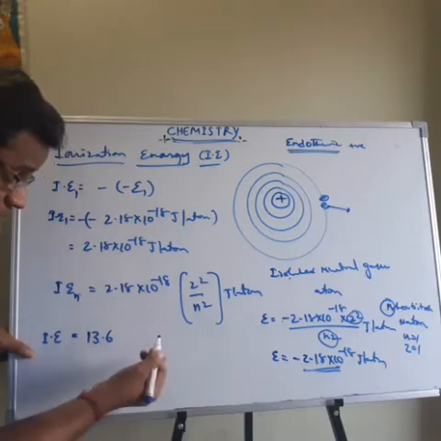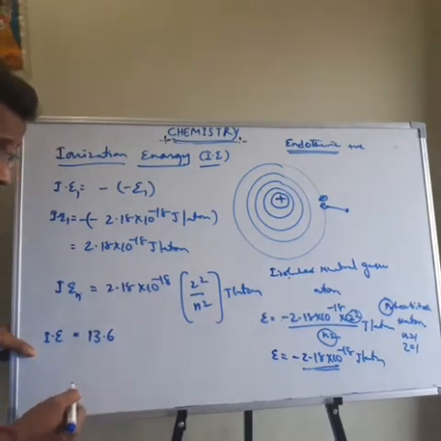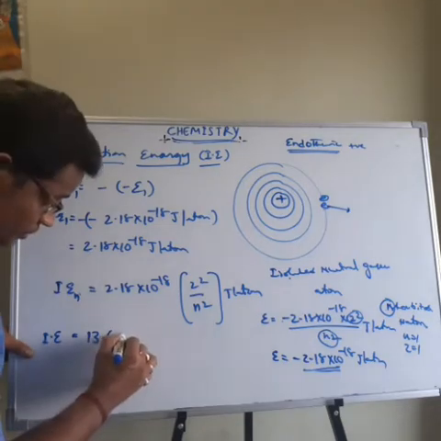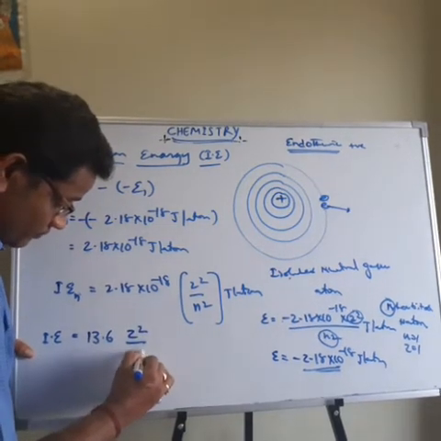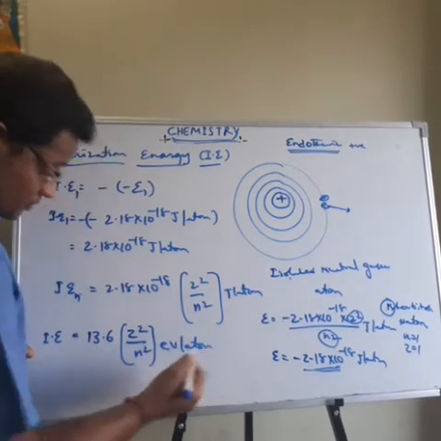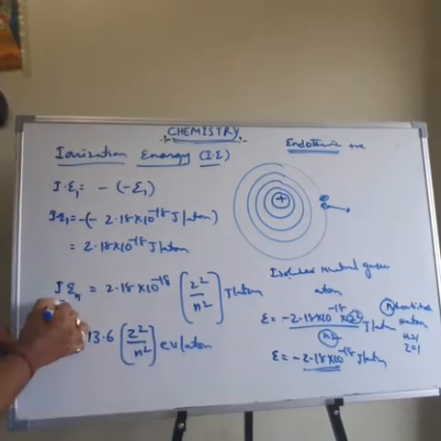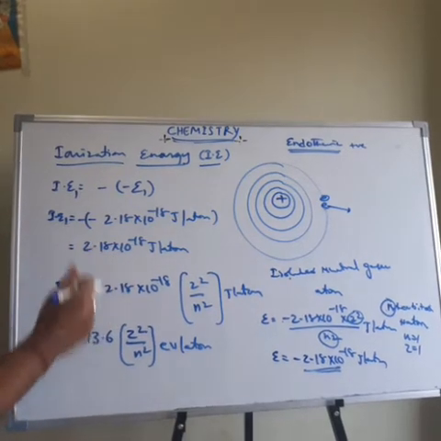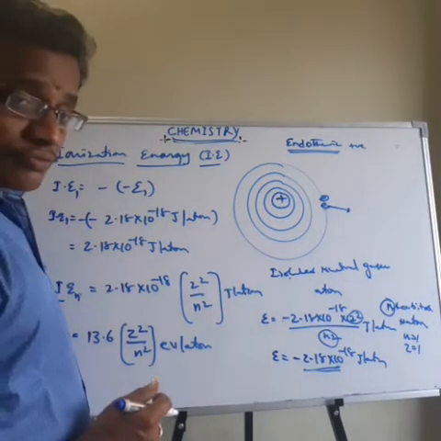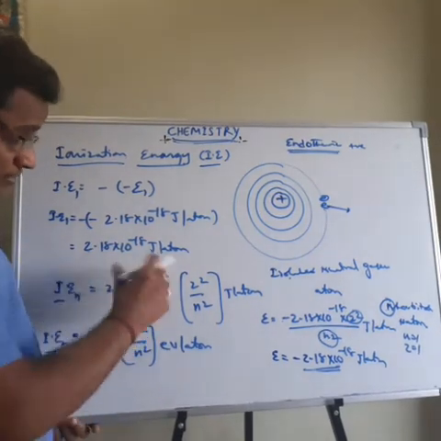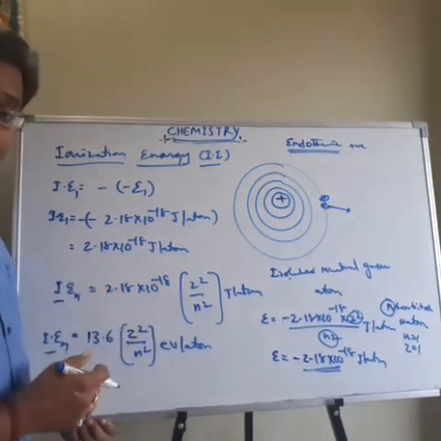Minus 13.6 means the energy of the orbital, so ionization energy means minus into minus, plus 13.6 into Z square by n square. This is electron volt per atom. So by using this formula, we can calculate the ionization energy of an electron in the orbit of any single electron species. Based on this whole concept, I will explain one or two problems, then we will get clarity.